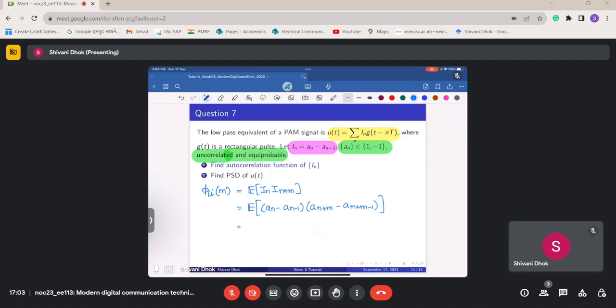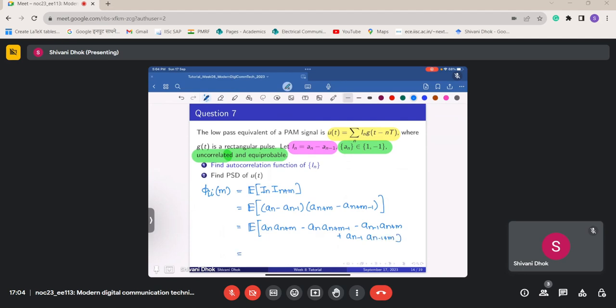Now this we can write as expectation of a_n a_(n plus m) minus a_n a_(n plus m minus 1) minus a_(n minus 1) a_(n plus m) plus a_(n minus 1) a_(n plus m minus 1).